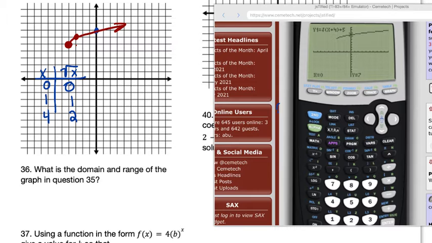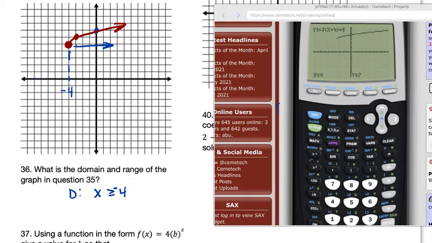Well, it starts on the x-axis. If I line it up here, this is right here at -4. So that's the lowest x value, and that's where our domain would start, and then it goes to the right forever. That's positive infinity, or x is just greater than or equal to that -4.